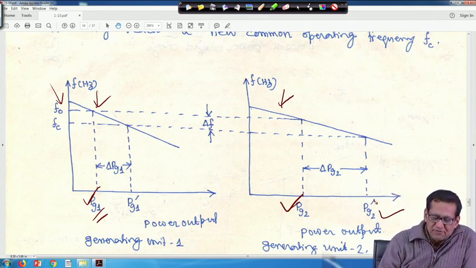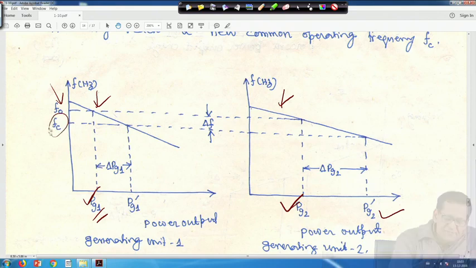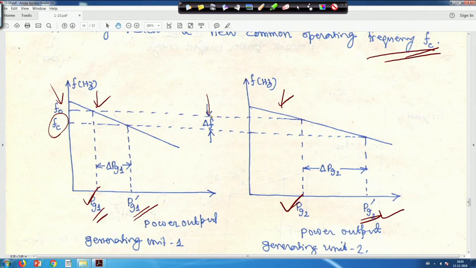In that case they have to operate at a common frequency. This is Fc, the common frequency. If you draw a horizontal line, this one is Pg1 dash and this one is Pg2 dash. Their droop characteristics are different, but the frequency deviation, delta f, is common.